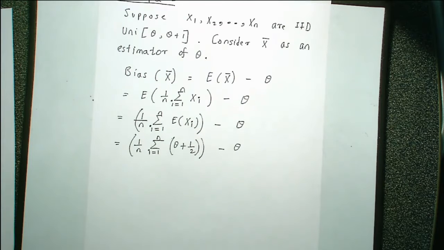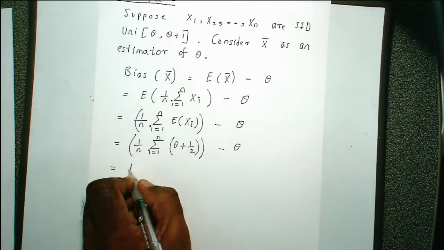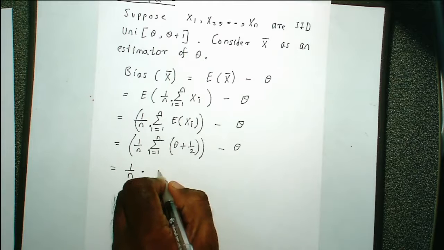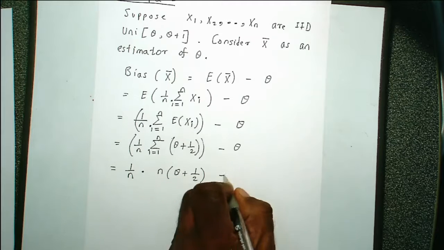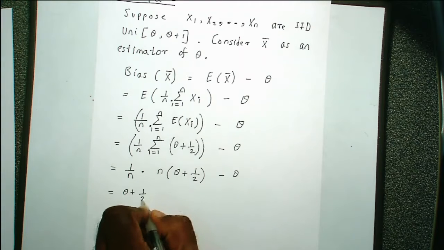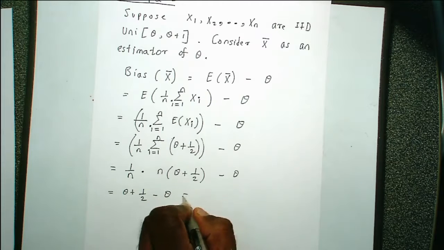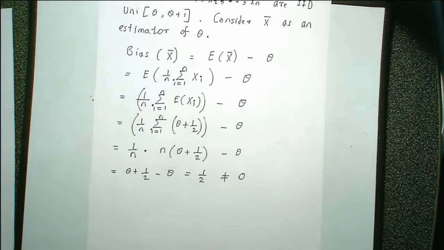So if you apply this, this is what you get, right? So this is theta plus half minus theta, which is equal to half, which is not equal to 0, right?